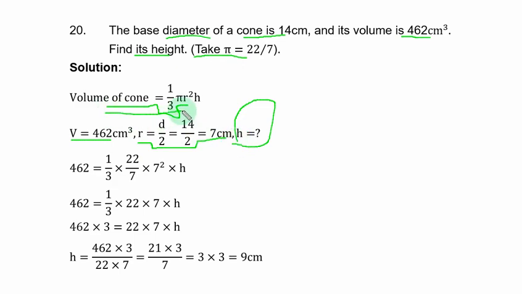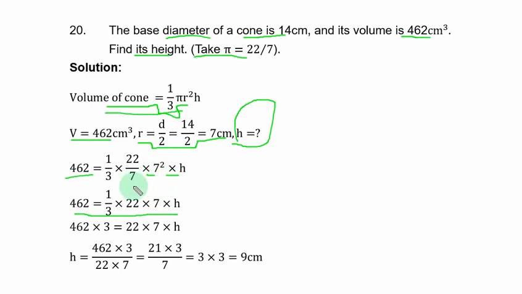You come here, you replace the volume by this value equal to 1 over 3 times 22 over 7 times radius squared, that is 7 squared, times height. You have this result. 7 squared is 49.